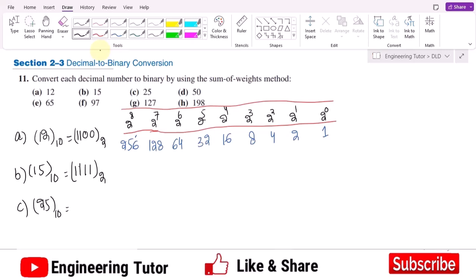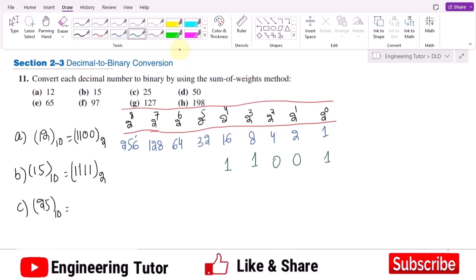So what is the nearest highest number here? 32 is higher than 25, so let me select this 16. Okay, so how much is left now? 25 minus 16 is 9. Now selecting this 8 out of 9, 16 plus 8 is 24, and now 1 is left, so selecting this 1 here while the others are 0 0.